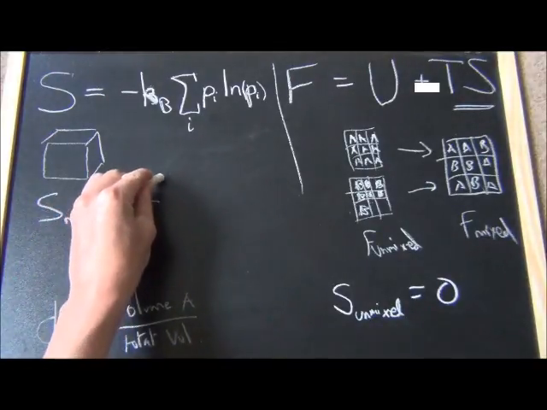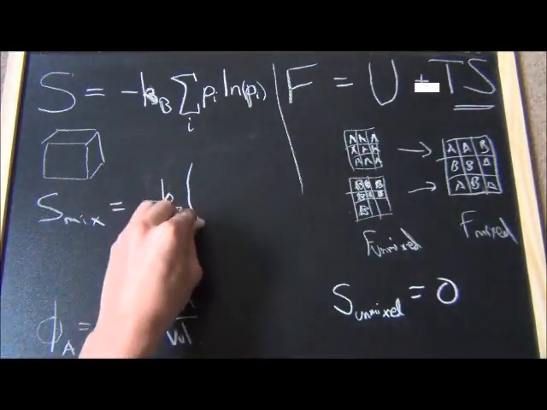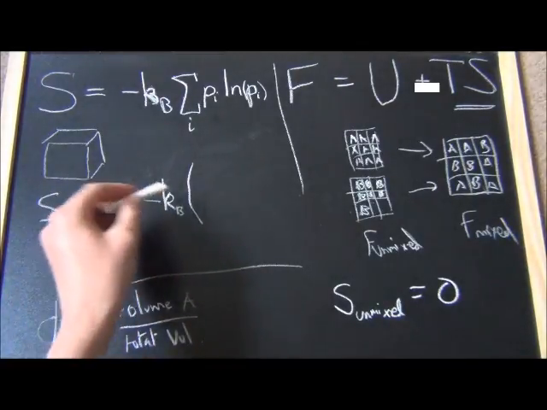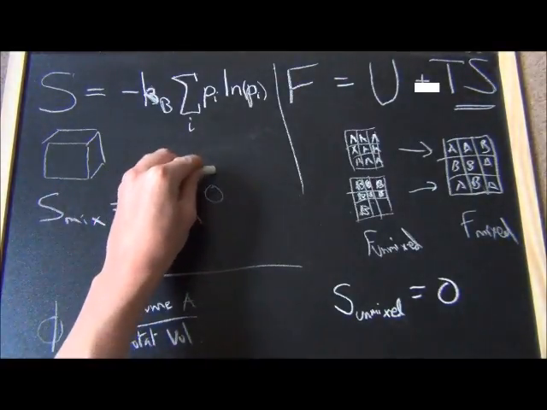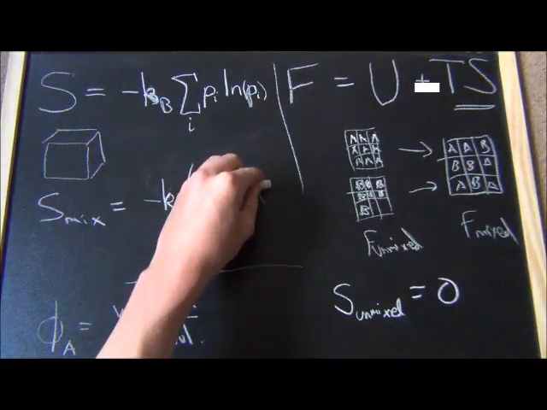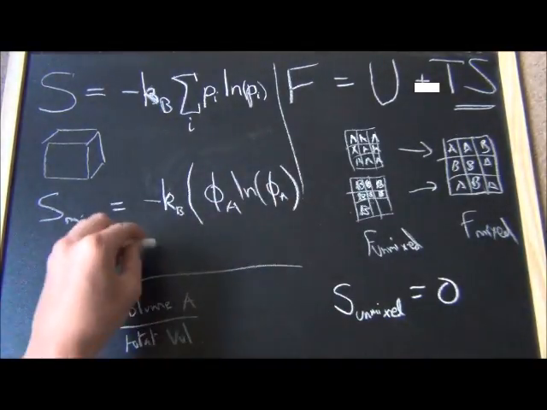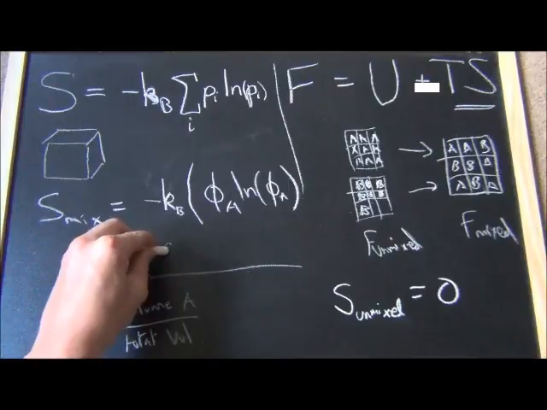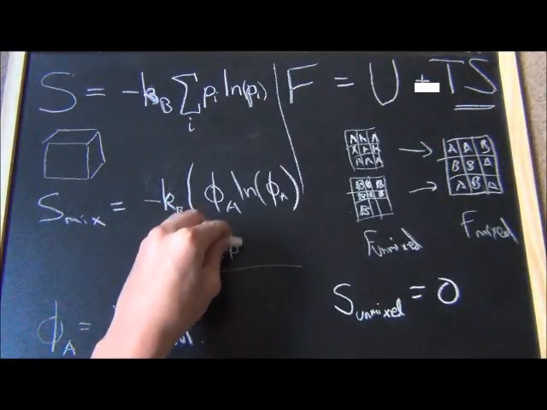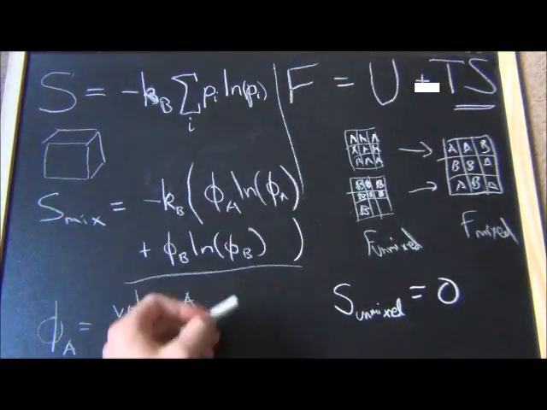It just becomes minus k Boltzmann times a sum: volume fraction for A times log of that, plus volume fraction for B times log of that. Ta-da!